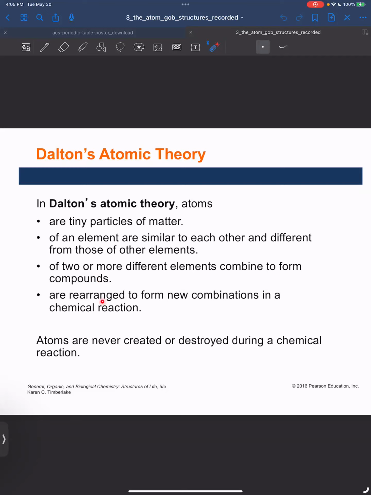And atoms are rearranged to form new combinations in a chemical reaction. It is important to note that atoms are never created or destroyed during a chemical reaction. They're the basic building blocks.